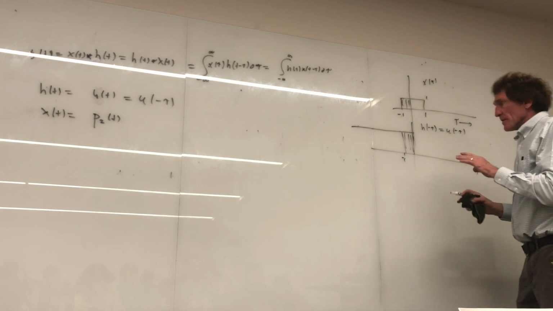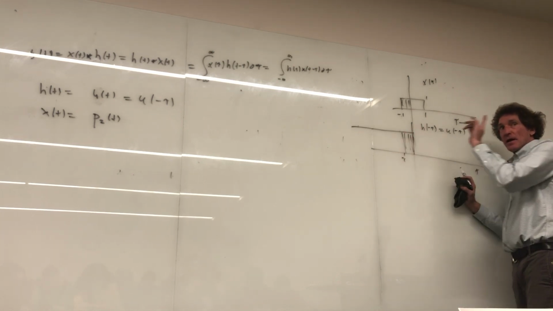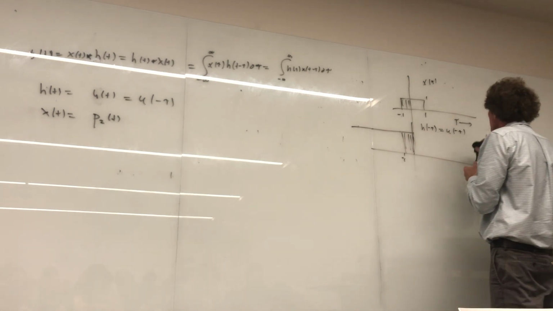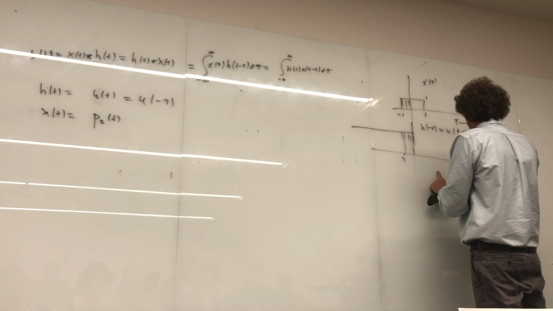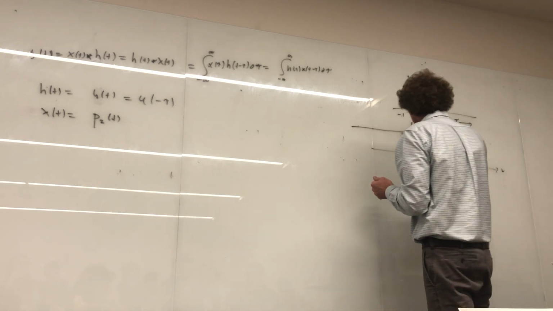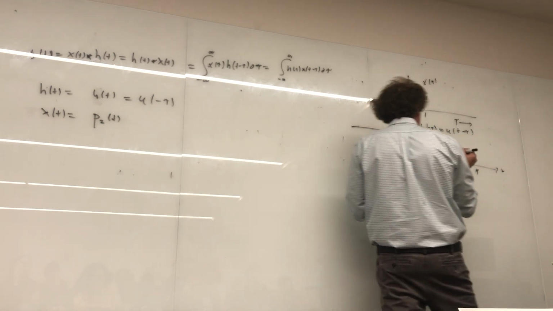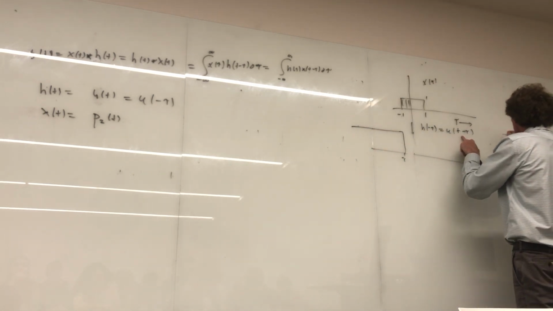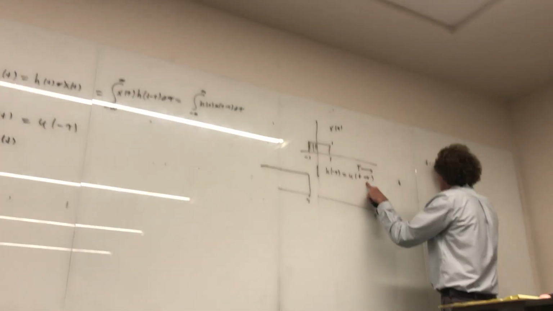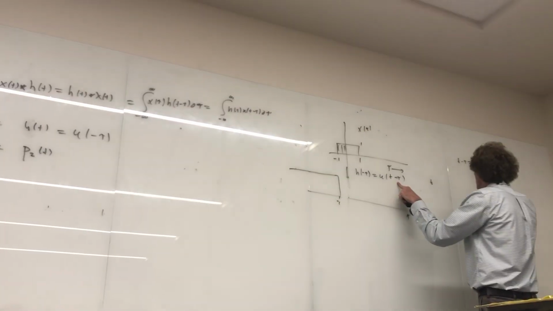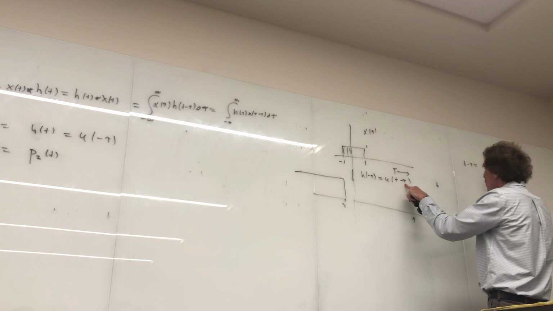Now if they do, then I need to start this function further back. Are you with me? The way I do that is I say this function is going to have the argument u of t minus tau, but I'm going to make this condition. I'm going to say this will be true for t. If I want this to be 0, I want t minus tau to equal 0 when tau is -1.